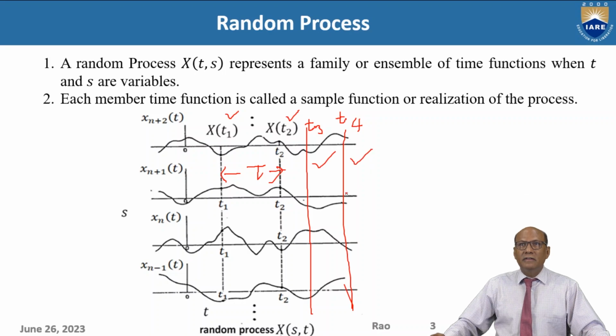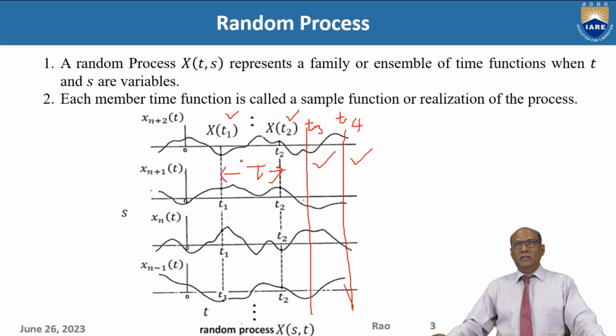If I find that the joint density function of these two is the same as the joint density function of these two, the joint density function of x T1, T2, I will loosely call it, is the same as the joint density function of x T3, T4. Here one pair has a joint density function, here another pair has a joint density function, and these two are the same.